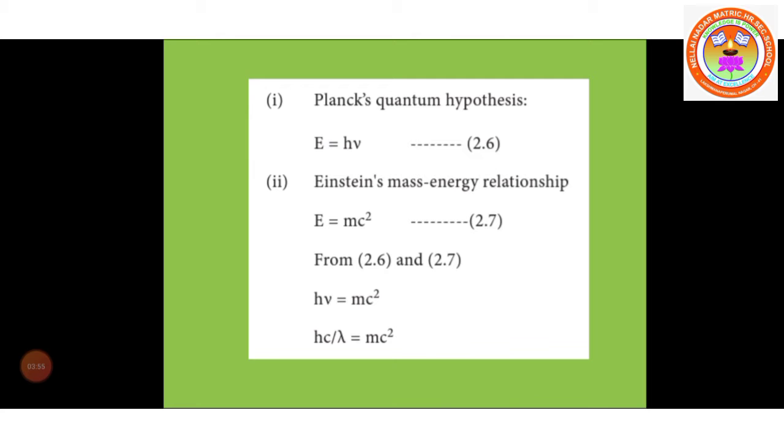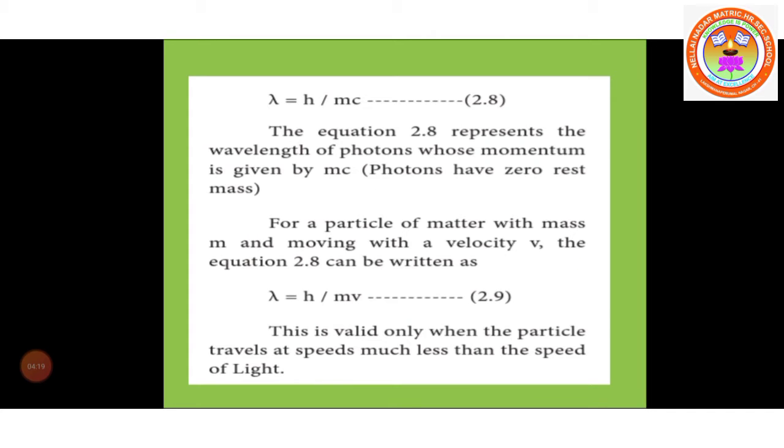Then the equation can be rearranged, since we want to find the lambda, the wavelength of the light. Here c square, so one c cancels, and rearranging the equation, lambda is equal to h by mc.